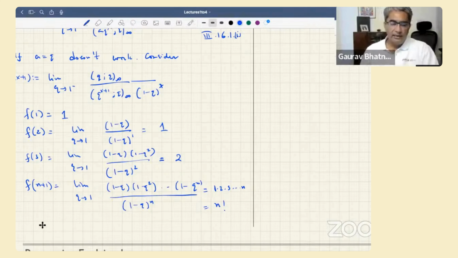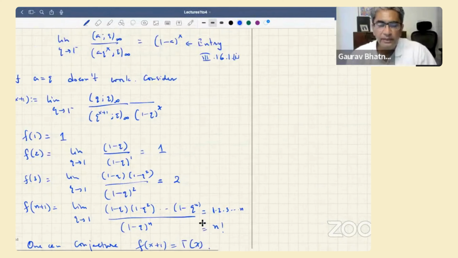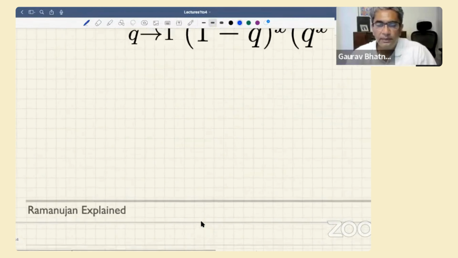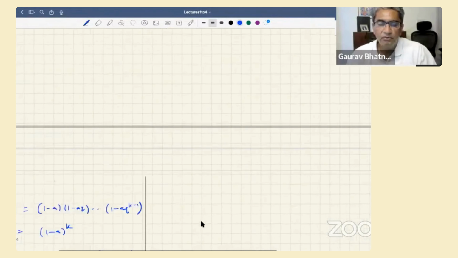So one can hope that f of x plus 1 is actually gamma of x plus 1. And this is actually what the identity is.